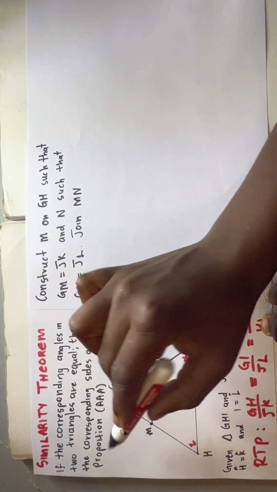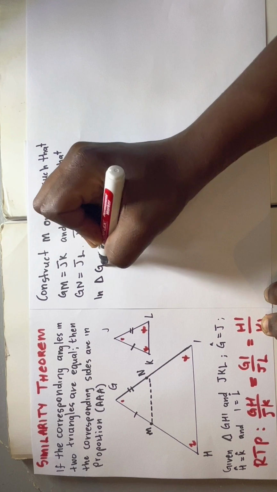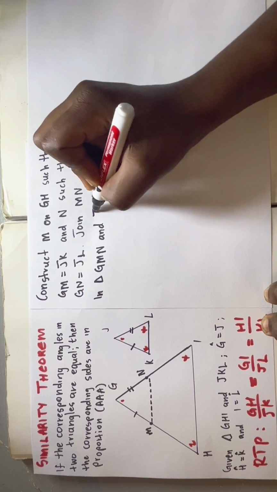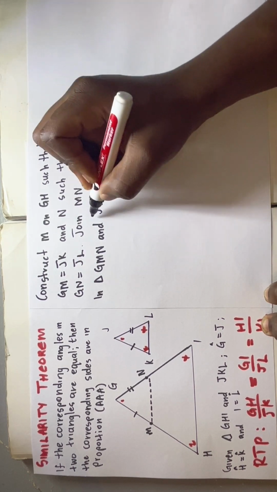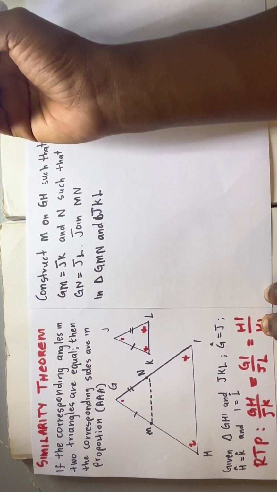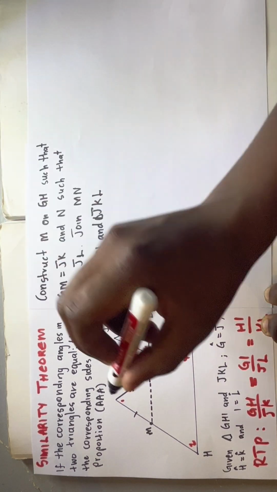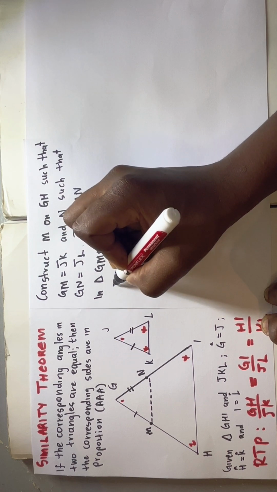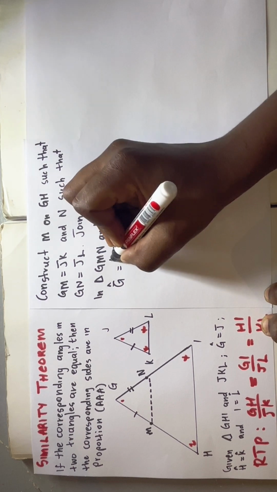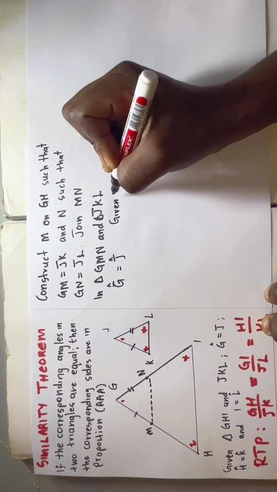Now we are going to look at triangle GMN and triangle JKL. In these two triangles, we are going to try and prove similarity, which is going to be very easy, because look, we are given that angle G in this triangle is equal to angle J. This was given to us at the beginning of our statement.